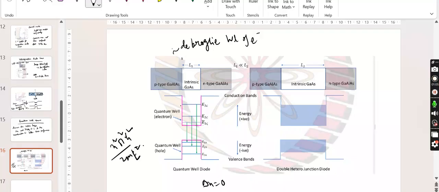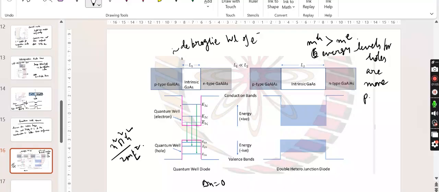Holes being heavier than the electrons, energy levels are more closely packed in the case of holes. So that is why the energy levels for holes are more packed. The quantized values of energy can therefore be appropriately tailored to suit the requirement of a particular application by adjusting the layer thickness.